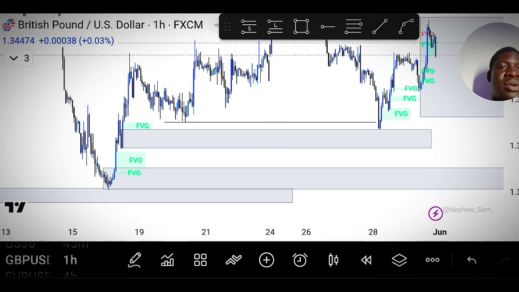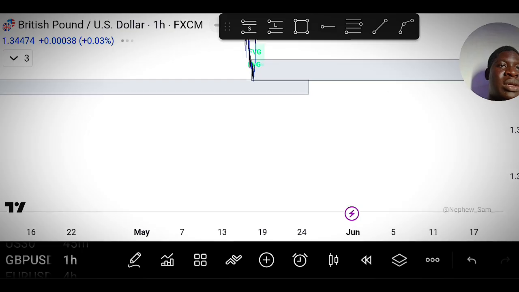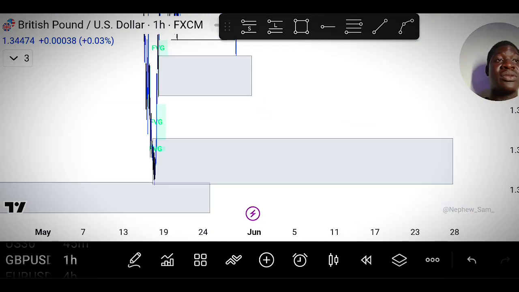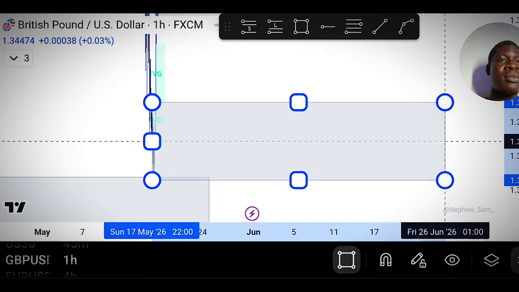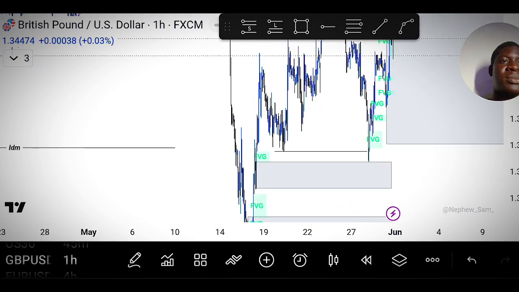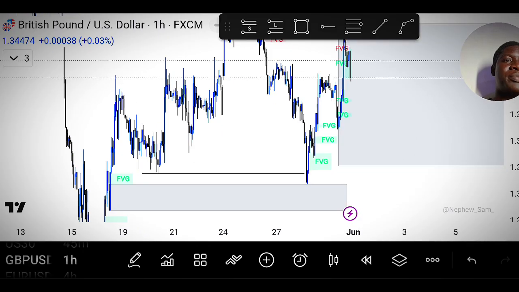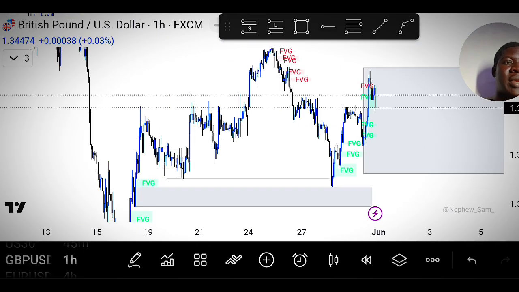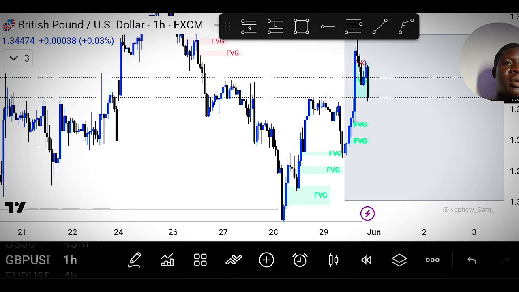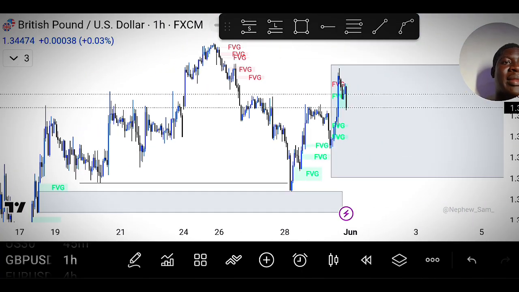That is the order block that pushed the market to the upside. So let's analyze this market on the 1 hour time frame.